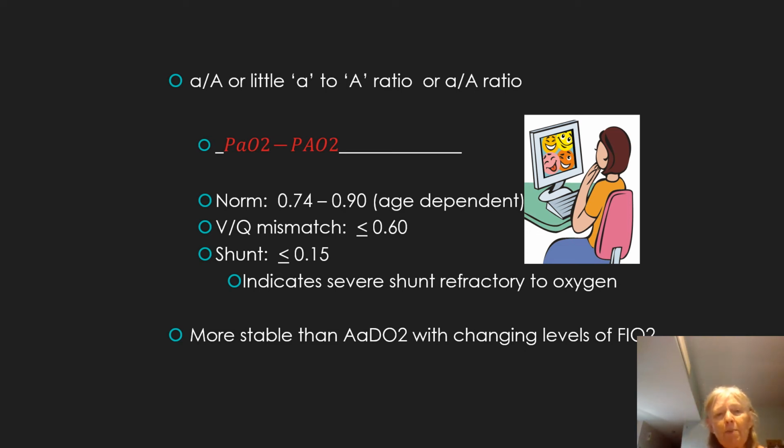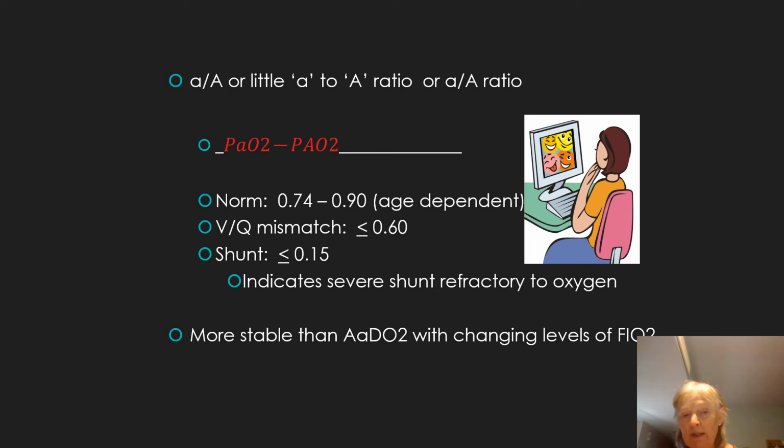your little a to big A will tell you the norm is 0.7 to 0.9. This is age dependent. When you look in the literature, you're going to see that it uses 0.74 to 0.9. It doesn't normally record as 74% to 90%. A VQ mismatch is less than or equal to 0.60.